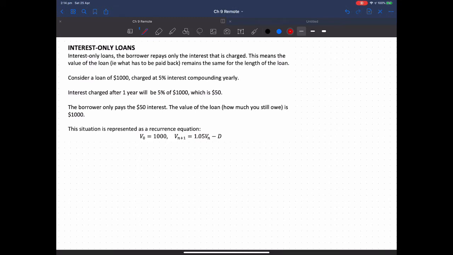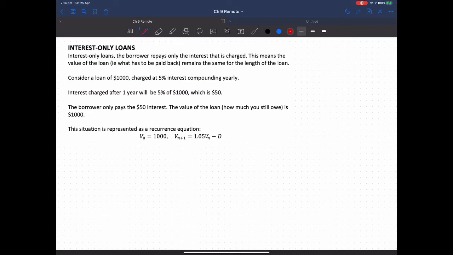In most situations, what people want to do is borrow some money, that is, have a loan, and pay that loan off and owe nothing. Interest-only loans are a little bit different.